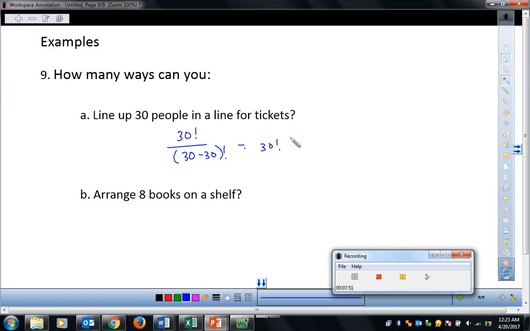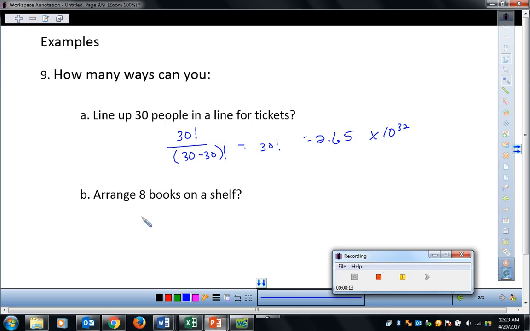And if I take 30 factorial, I get a very large number, 2.65 times 10 to the 32nd. So there are that many ways to line people up, which is obviously a bunch.